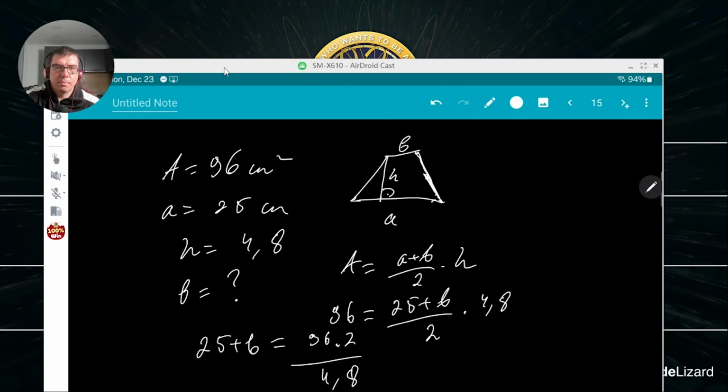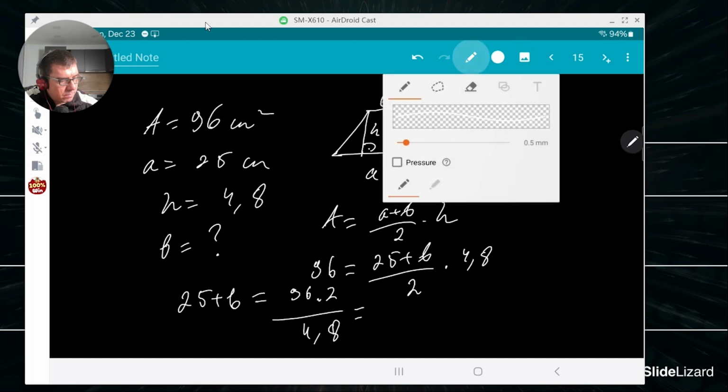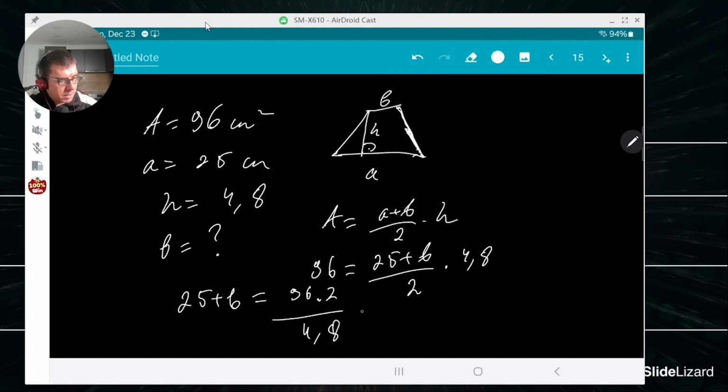Okay. Numbers go on the other side with opposite signs. So the 2 goes with multiplication, the 4.8 goes with division. Expand by 10. 960 times 2 over 48.